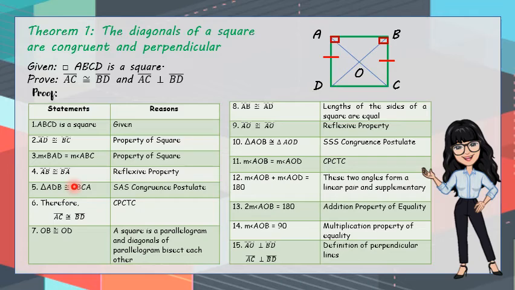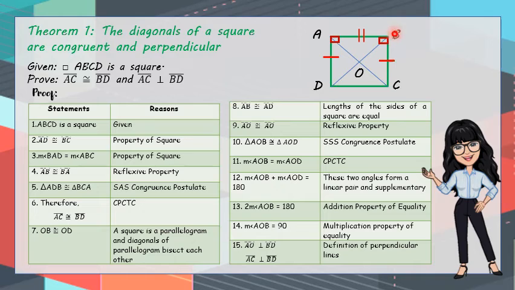Now, AB is congruent to BA. AB is part of triangle DAB. BA is part of the triangle CBA. So this AB is congruent to this BA by reflexive property. So we have here one side, one angle, one side.